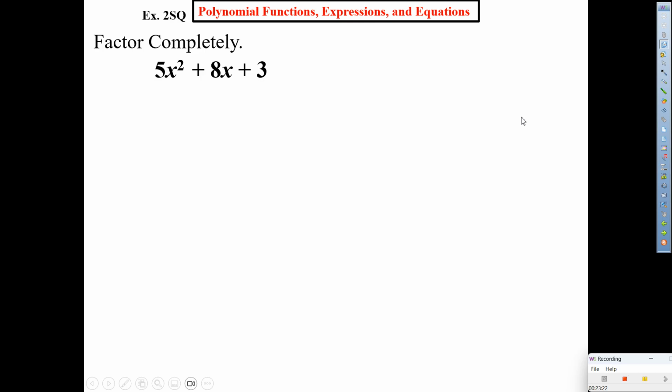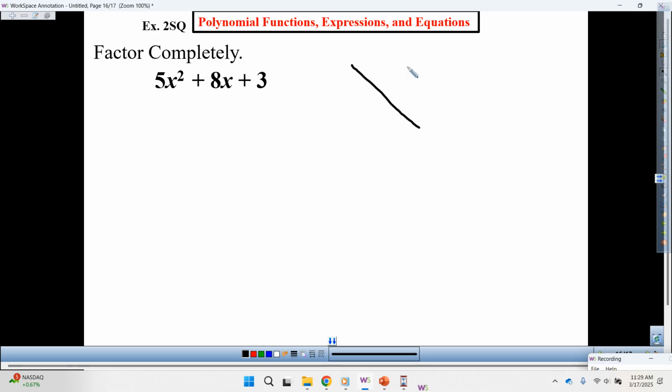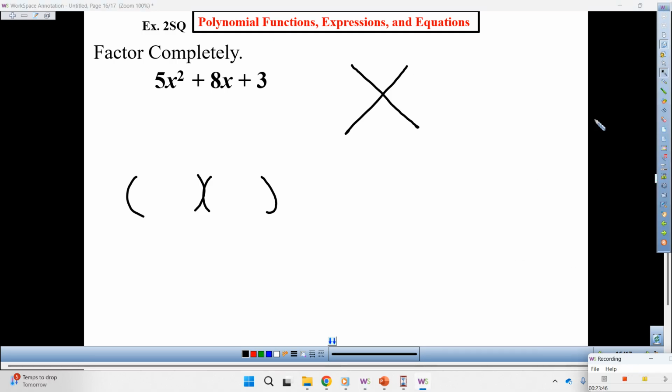Example 2 super Q. 5x squared plus 8x plus 3. Give you a head start. All right. Let's see, help us with this one. Well, check with the neighbor first, see where they're at. All right.